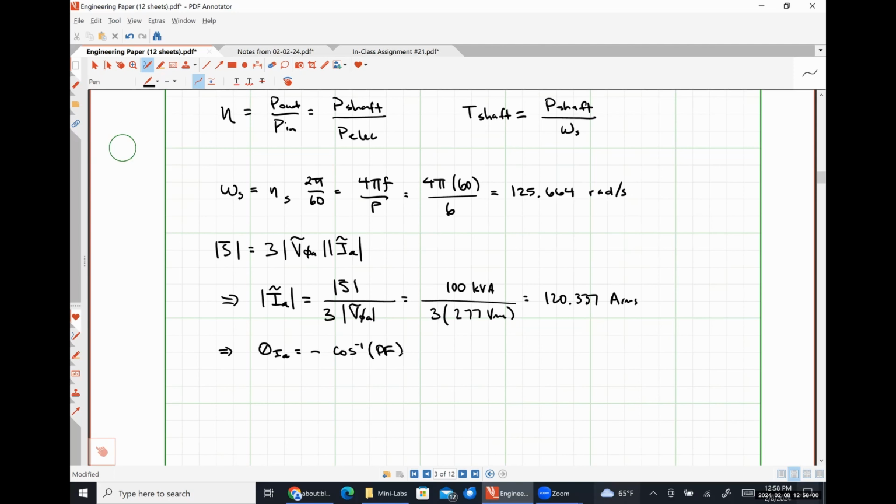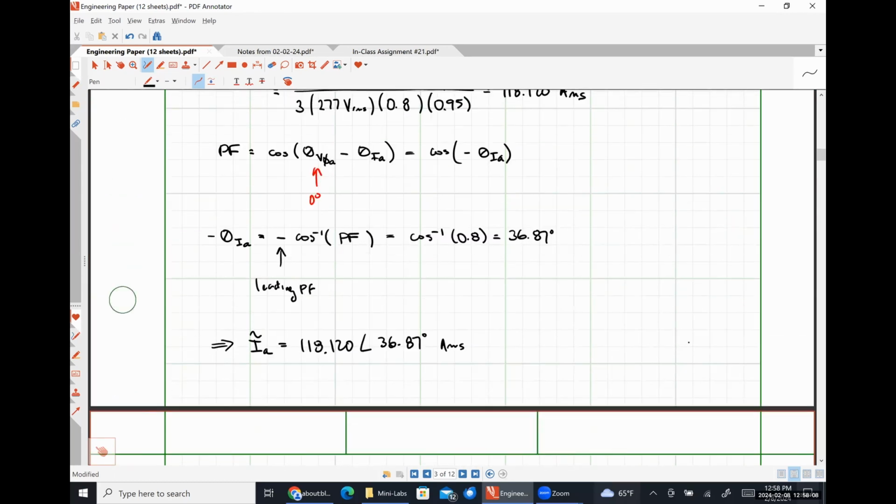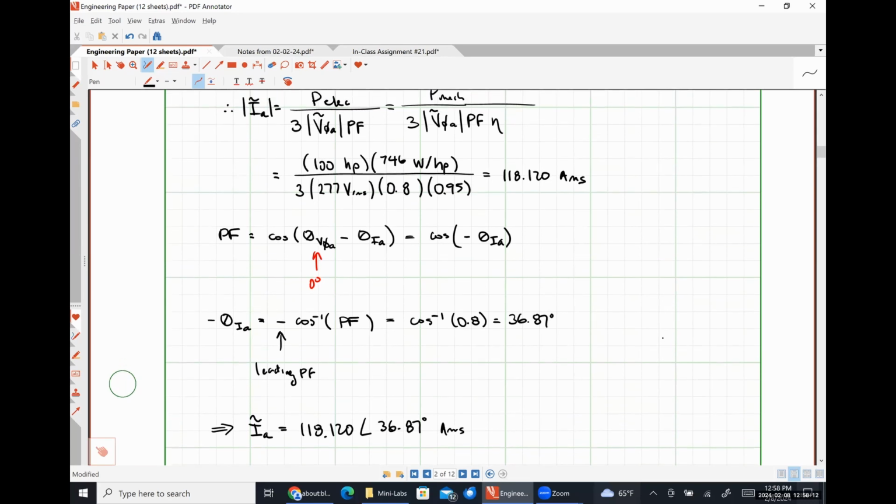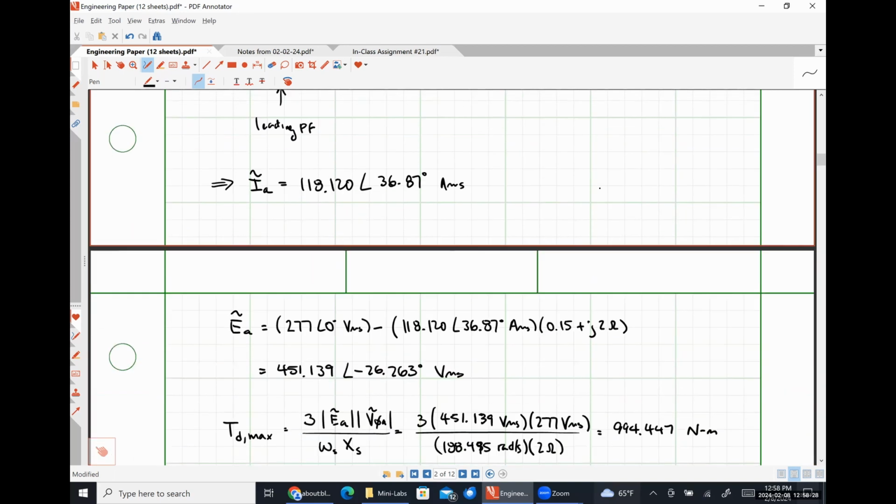And I'm keeping the negative sign this time because my power factor is lagging, right? So if we look back up here at this relationship that we've developed, the inverse cosine of our power factor is equal to negative IA. Because our power factor is lagging, I don't add this extra negative sign in.